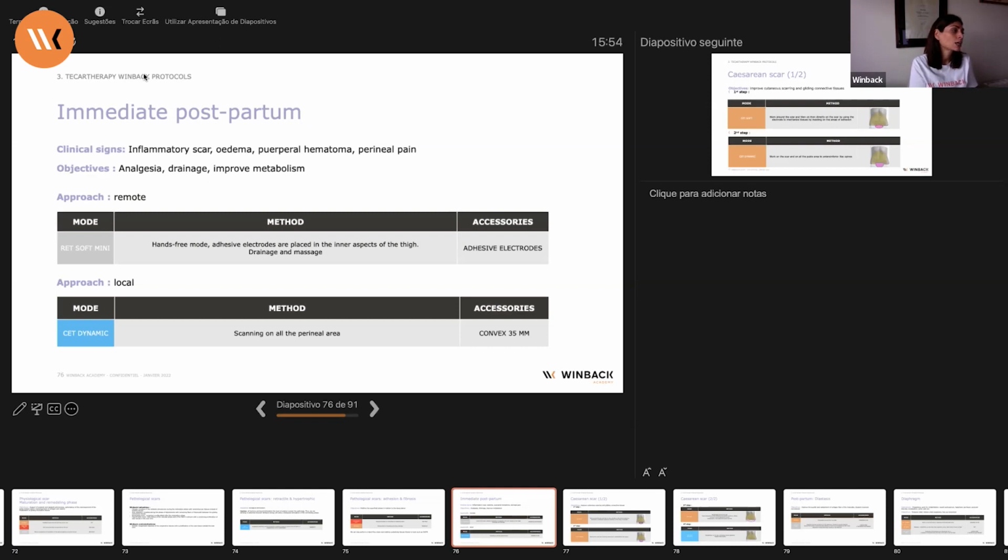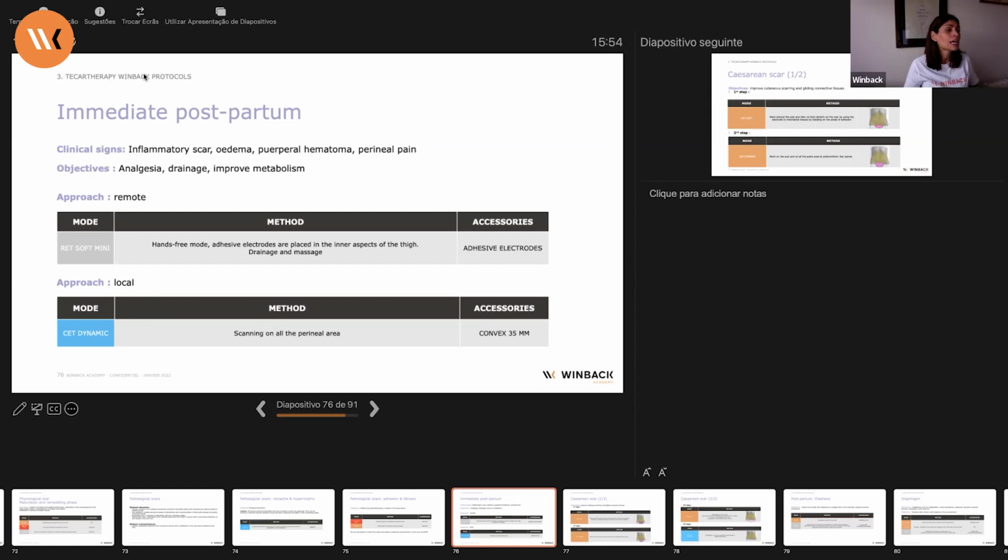How do we work? We can work with the Red Soft Mini, with the hands-free mode, with the adhesive electrode paste on the inner side, okay? And we work with the drainage and massage techniques with our hands-free. And we can also do a local approach with the set dynamic, only at 10%, okay?